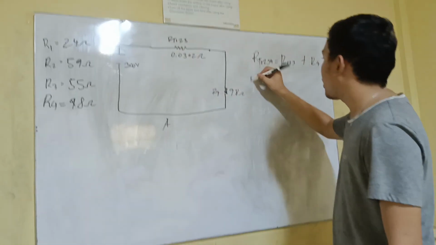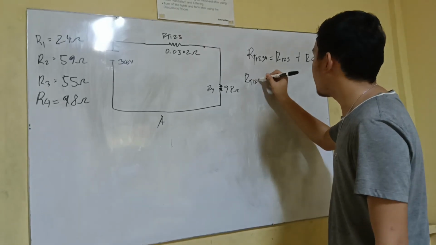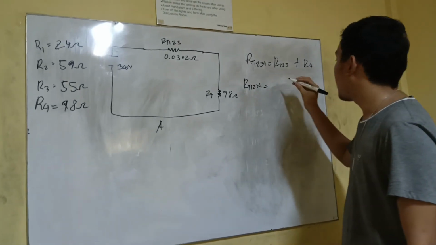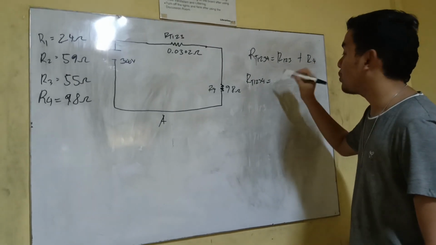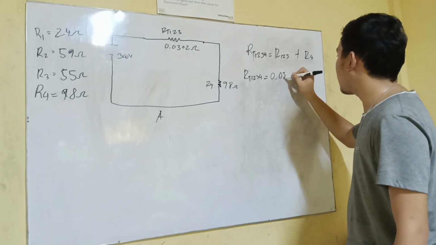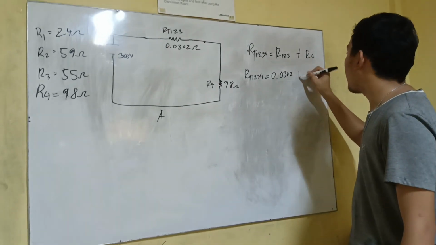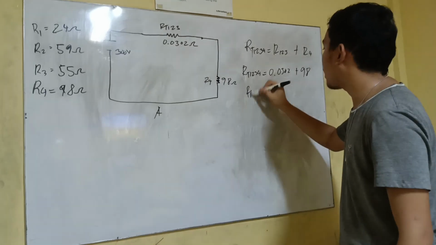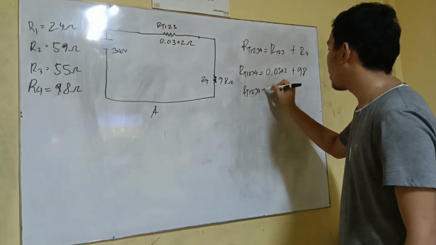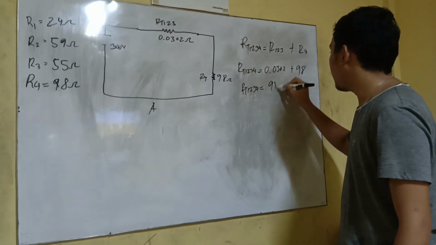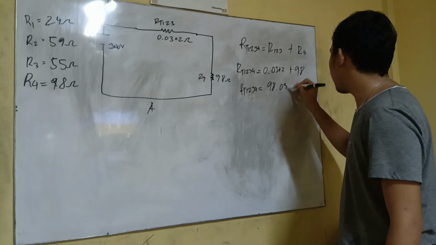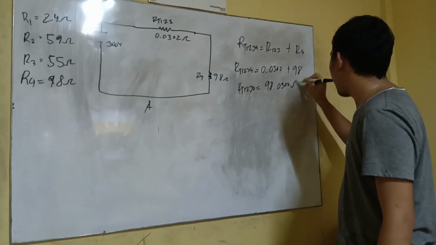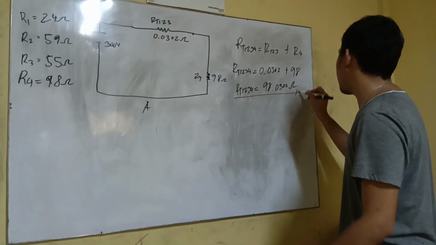We distribute the values: 0.0302 plus 98, so our R total 1, 2, 3, 4 is 98.0302 ohms. This is our R total in this problem.